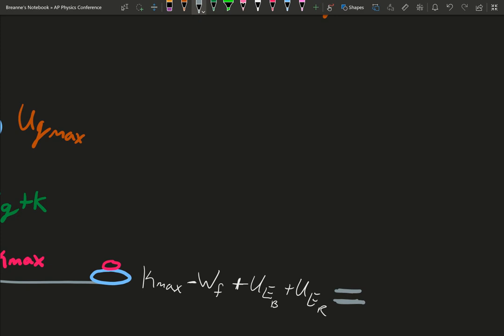The kinetic energy of the red ball is going to be way bigger than the kinetic energy of the blue ball, because the blue ball has more mass than the red ball, and some of that energy of the blue ball is getting converted into the red ball.